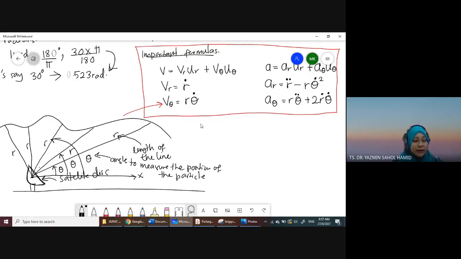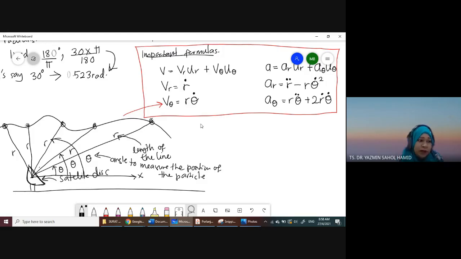So basically, what you see here is the satellite detecting the path of the object moving along this curved line. I'm drawing the particle, the object, maybe an aeroplane or something like that. What we usually do is, let's say the question asks you to identify how fast the object is moving.